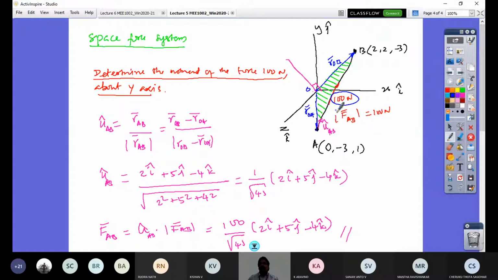And you are asked to find what moment this creates about the y-axis. The moment of a force about a point is given by r cross F, and the moment vector will be perpendicular to the plane containing the position vector and the force vector. So this moment vector is going to rotate this shaded green plane about this axis.